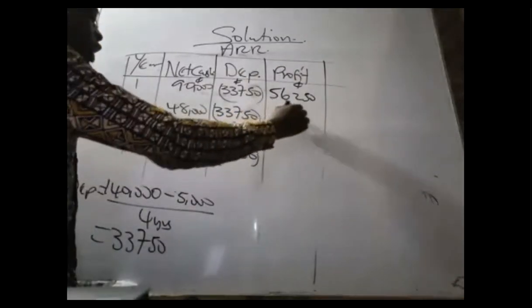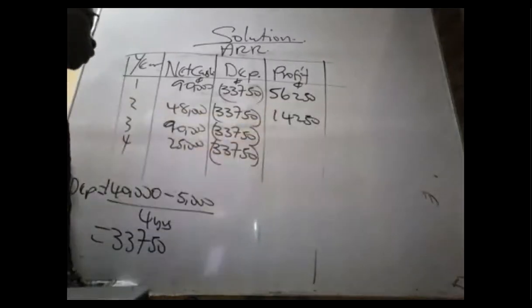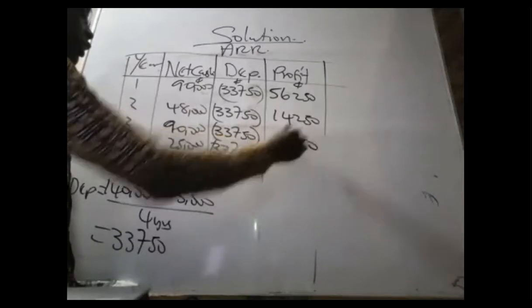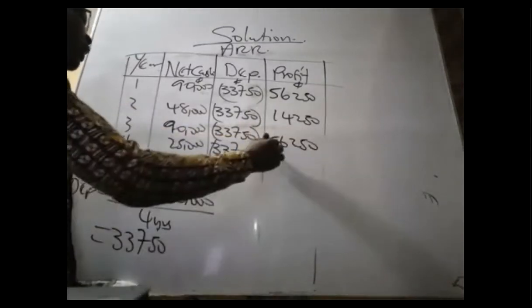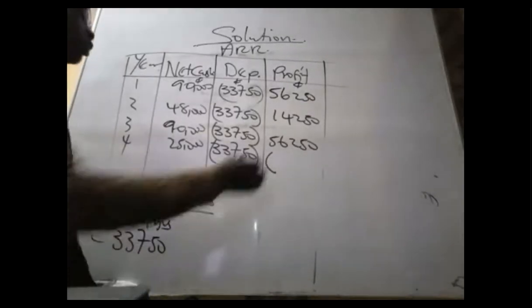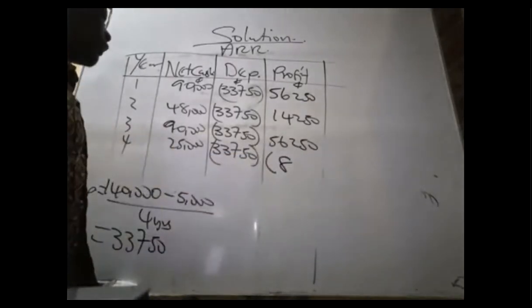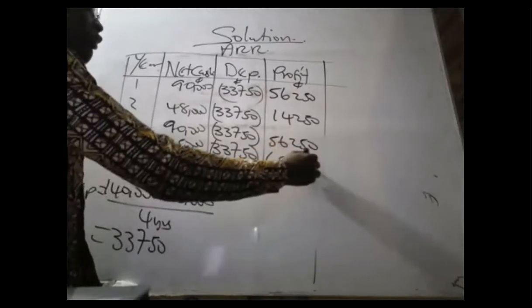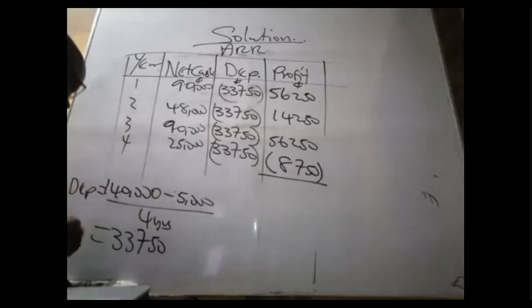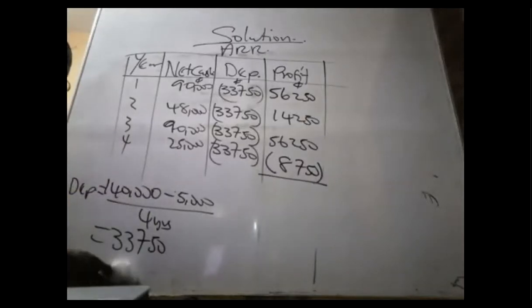Then 14,250, and then again 56,250. And then negative 8,750. Good. Now sum all of them together.